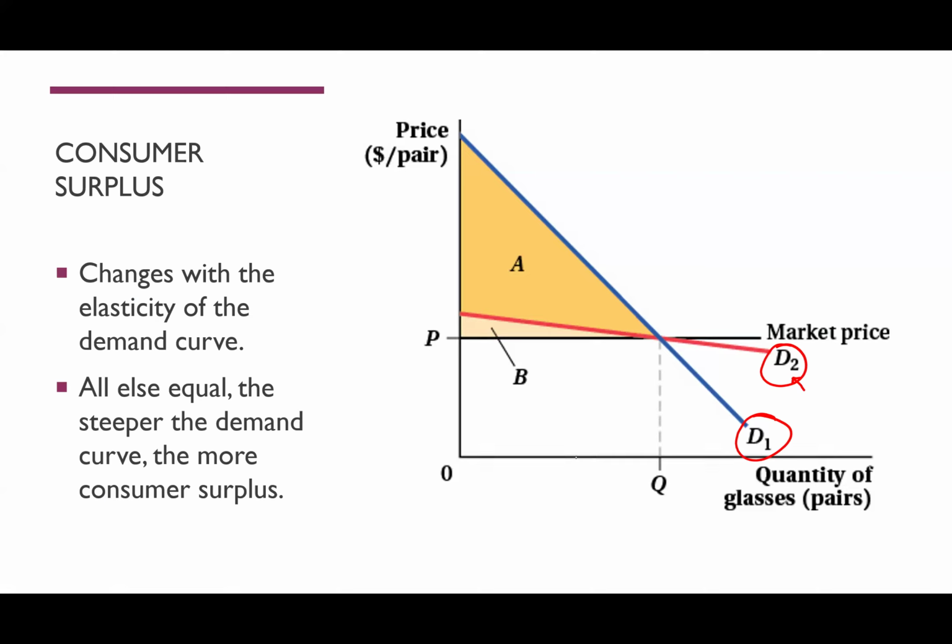And so that area of consumer surplus is going to be much larger. As you can see, the area of consumer surplus for demand curve D1, that steeper blue curve, is this area A I've just outlined, and it's much larger than area B, which represents the consumer surplus for consumers represented by demand 2, that red line.